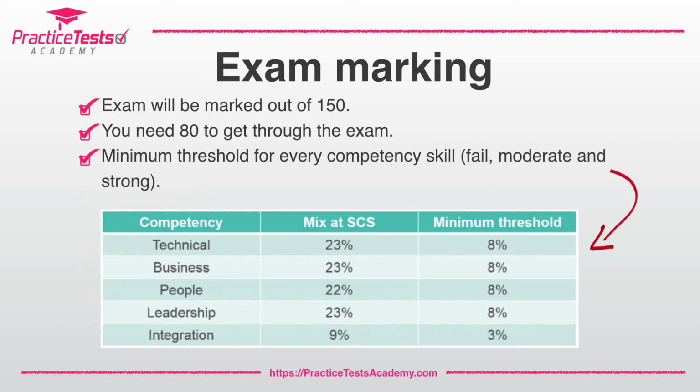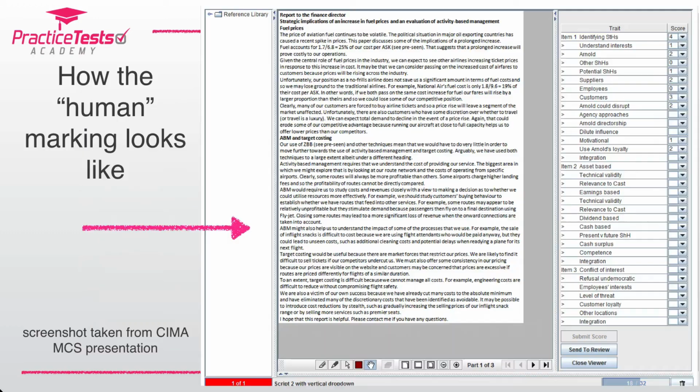That's basically what integration is all about. So if you answer the question requirement in a fluent and business appropriate way, you're going to have some integration points. And if you are just like me and you want to really get to the bottom of everything, this is how the human marking really looks like. It's a screenshot that was taken from the CIMA presentation.